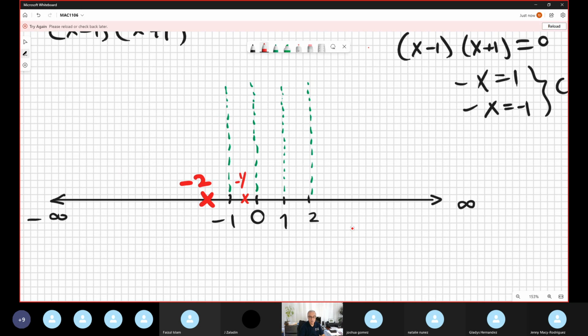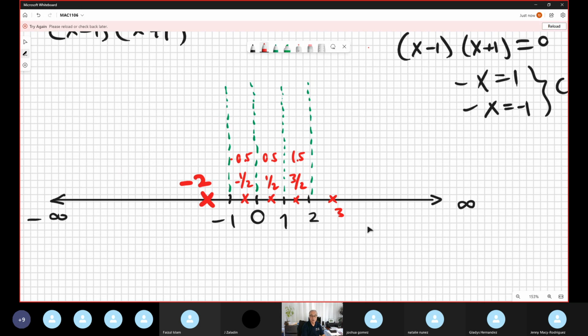And here positive 1/2 maybe is good. And here 1.5 or 3/2, either way, fraction or decimal. So: negative 2, negative 0.5, 0.5, 1.5, and 3. 1, 2, 3, 4, and 5 test values, because we have 5 intervals.